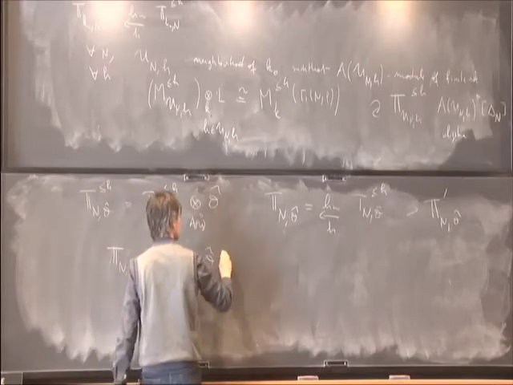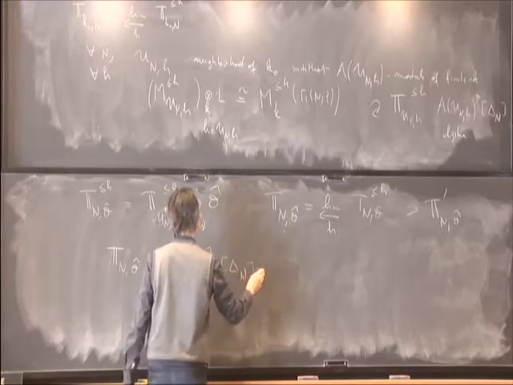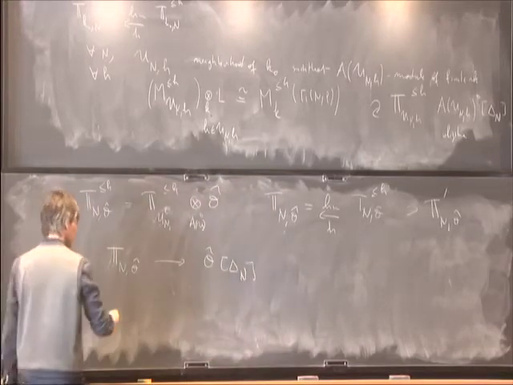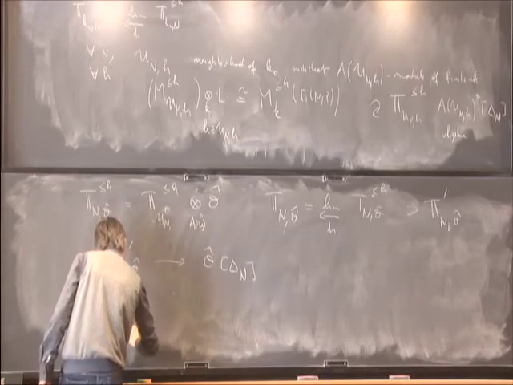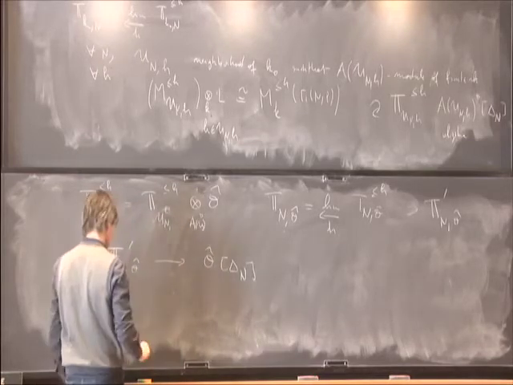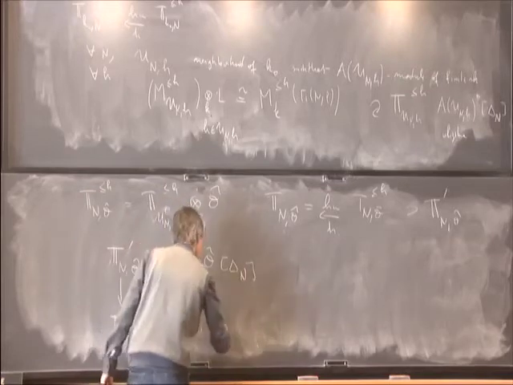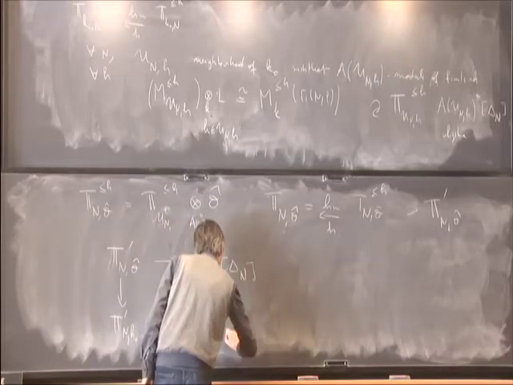So in O hat, Delta_n. And this map is such that this prime and k naught, that you have a commutative diagram like this.